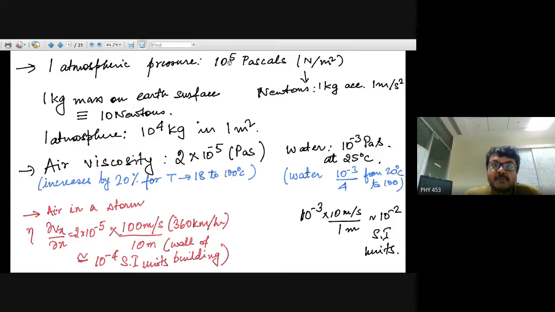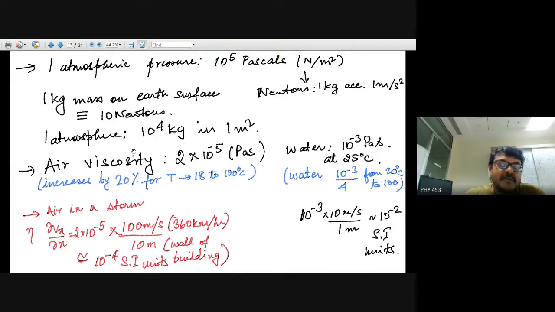So that's what 10 to the power 5 pascals means, right? Because on the earth, 1 kg of mass gives a force of 10 newtons. So one atmosphere is essentially the same force that 10 to the power 4 kg would apply on the surface of the earth in 1 meter square. So that's a high pressure.